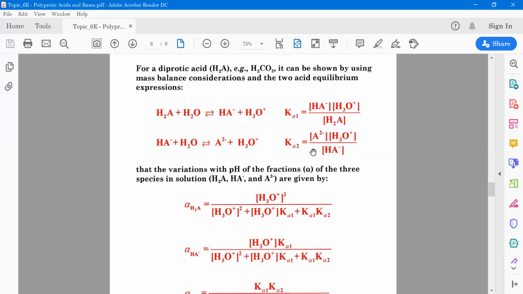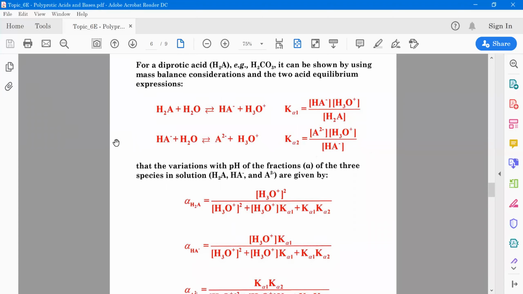The Ka2 for that step then is the concentration of A2 minus times the hydronium over the HA minus. So unlike the acetic acid situation where only two species are possible, acetic acid and acetate ion, in the case of a diprotic acid like carbonic acid, three species are possible: carbonic acid, hydrogen carbonate, and carbonate.